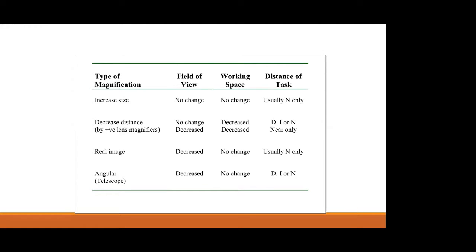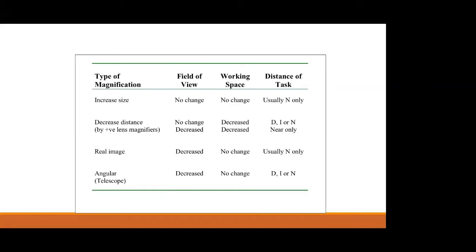Decreasing the distance doesn't affect the field of view as such, and that can be used for distance, intermediate, or near. And then real image, which is the CCTV, we said was only practical for near vision or near tasks.